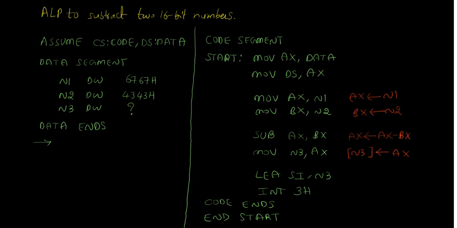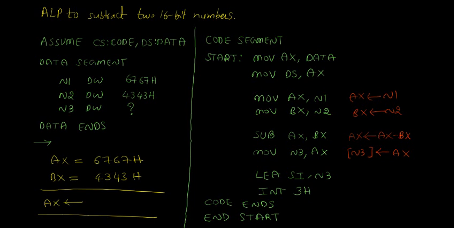So now the manual compilation: ax is 6767h and bx is 4343h. These two will be subtracted and the result will be stored back to ax. 7 minus 3 is 4, 6 minus 4 is 2, so the answer is 2424h, and after this instruction the ax will become 2424h, and after this instruction this question mark will be replaced with this 2424h.